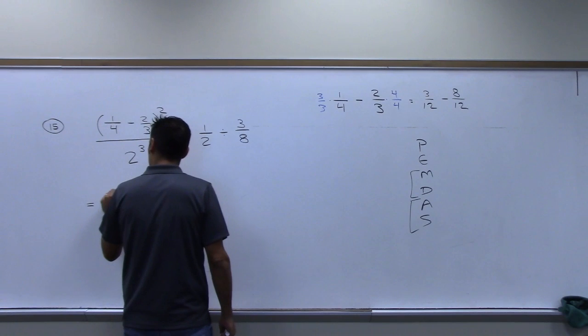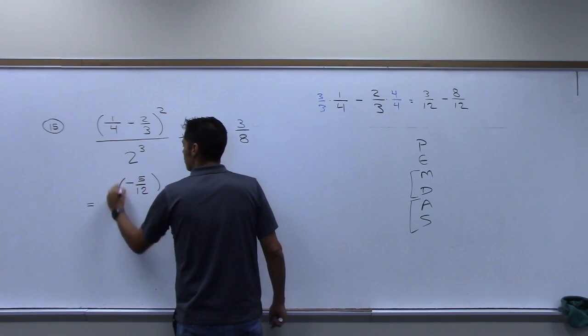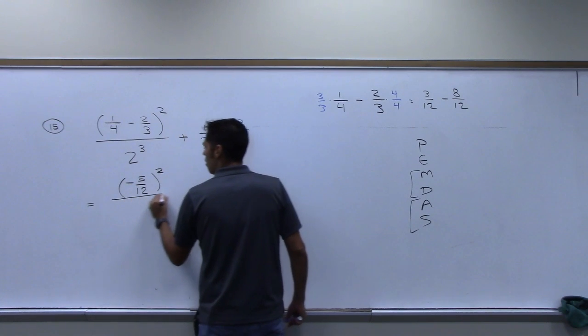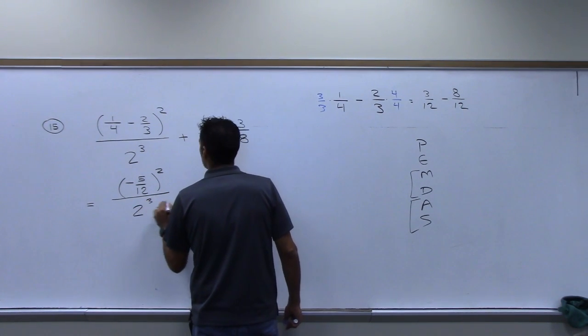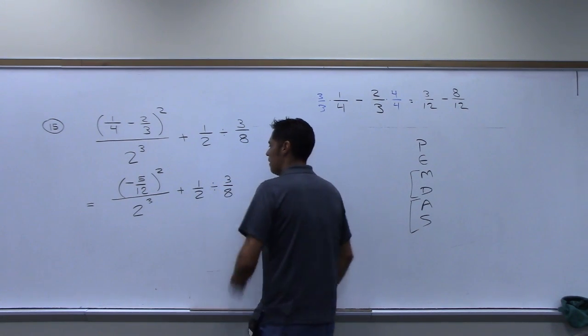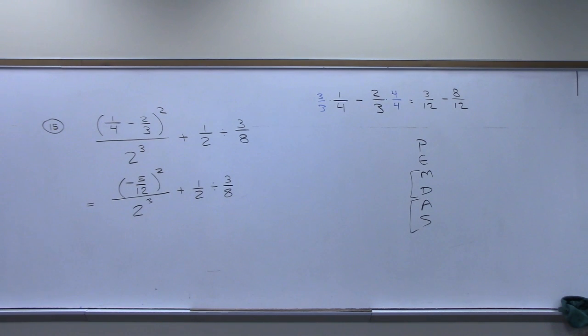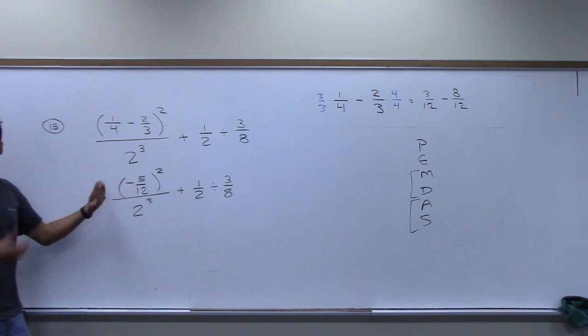So this equals negative 5 over 12, but then I'm going to square that, over 2 cubed, plus a half divided by 3/8. So what should I do next? You want to go ahead and square that? Because we have an exponent, right?